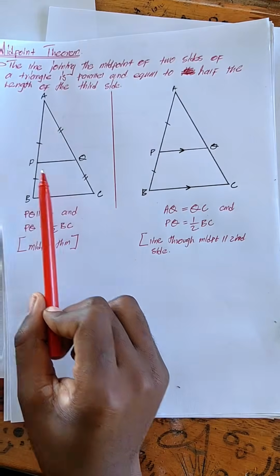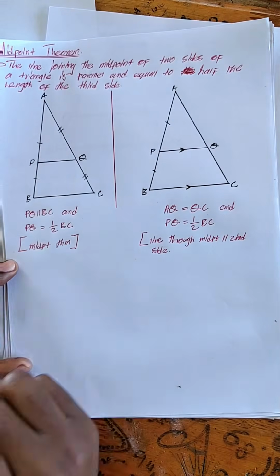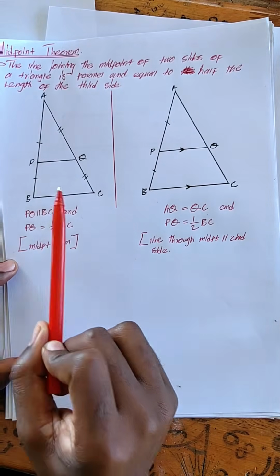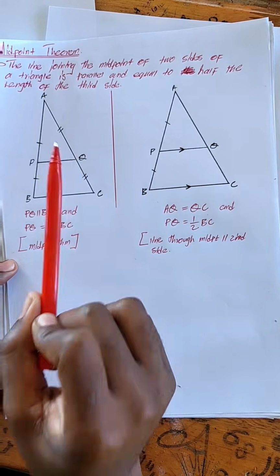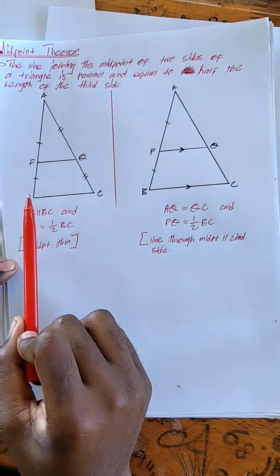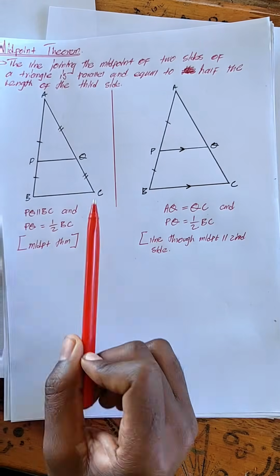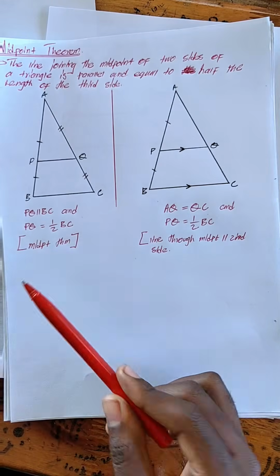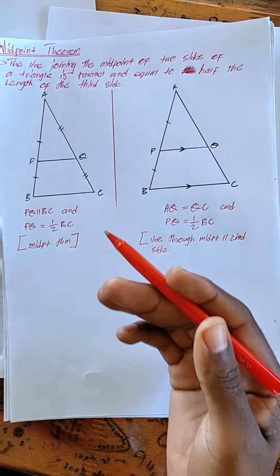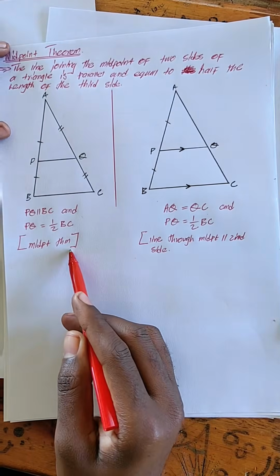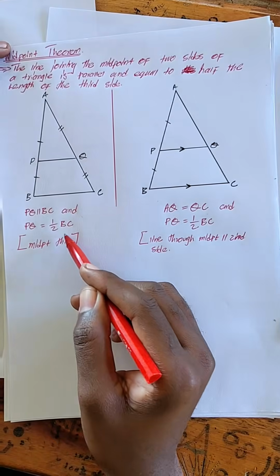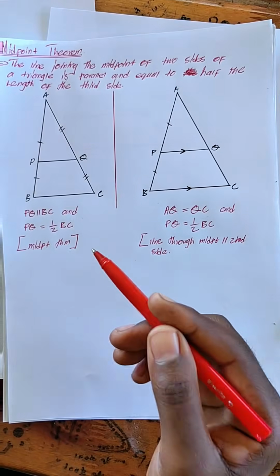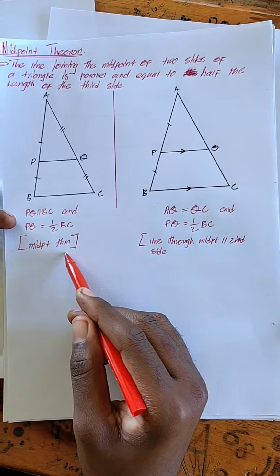So PQ is parallel to BC, and PQ is half the length of BC. This is according to the midpoint theorem. Our conclusion is based on the midpoint theorem.